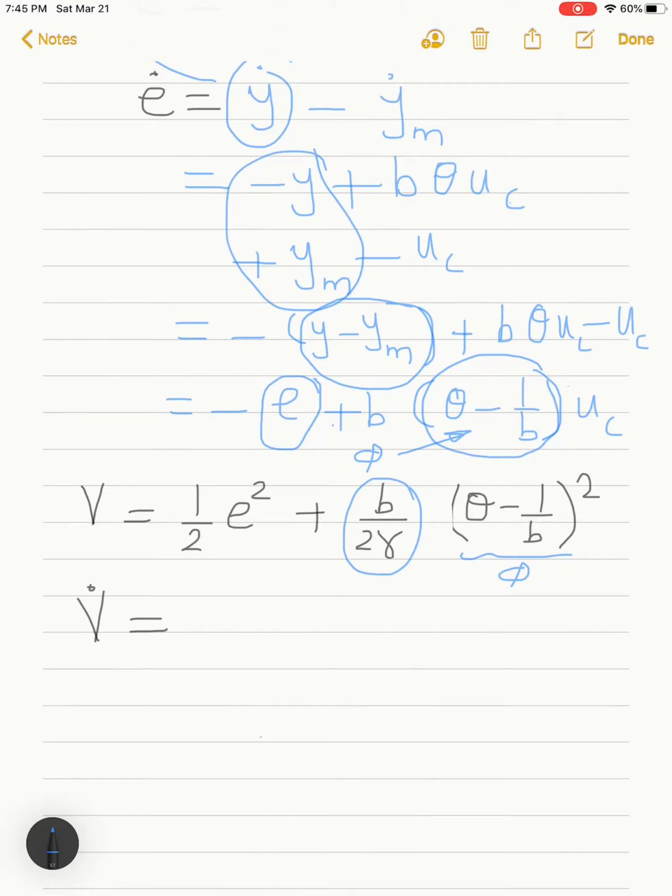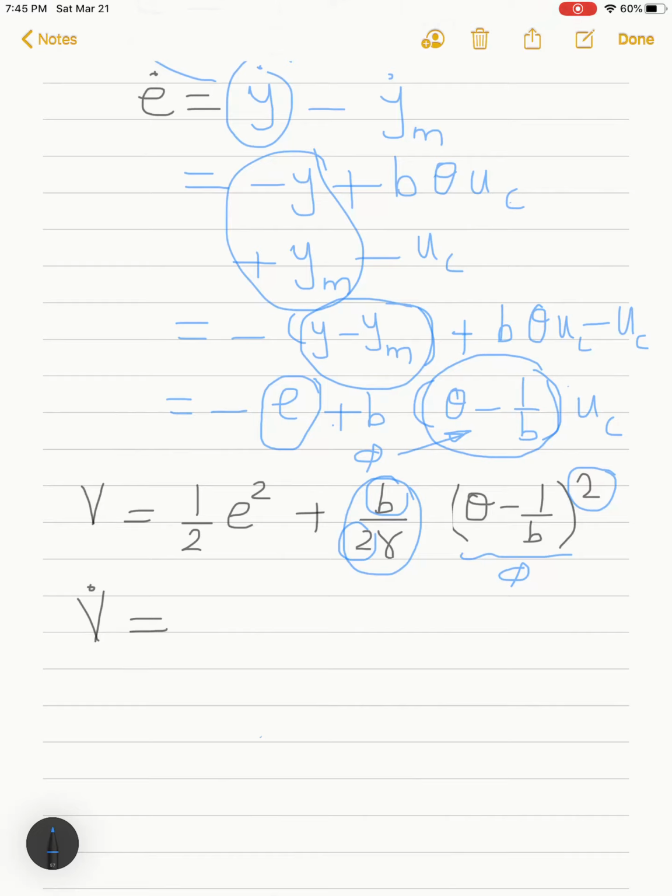So for example, this 2 here would be cancelled out when I differentiate because of the exponent here, and B here will appear as a common factor in the analysis, so I don't have to carry it with me in all the equations. So this is just mathematical convenience. However, you can just assume a constant here multiplied by theta minus 1 over B all squared.